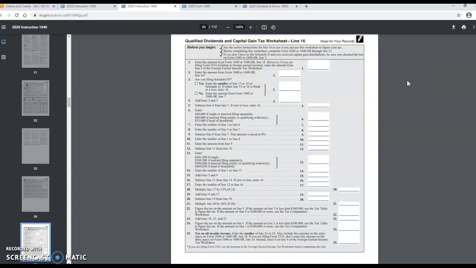Now this worksheet, again, is in the IRS instruction booklet. Because it's a worksheet, you cannot click on these white boxes and type on them. So your best bet, this is page 35, is to print out just this page on your printer and hand write on it.